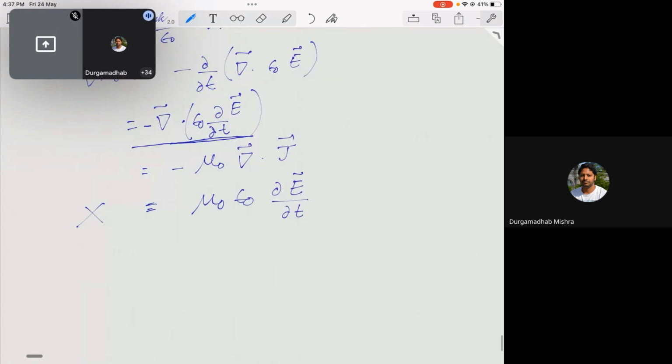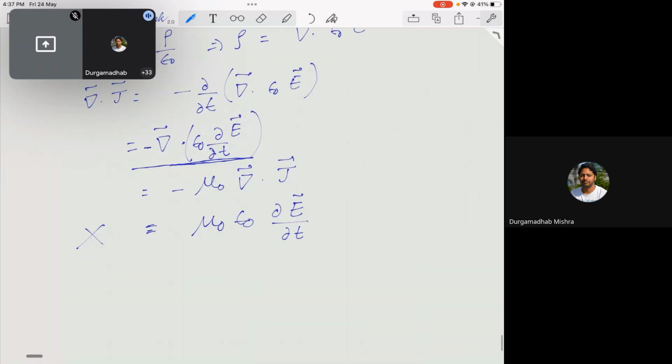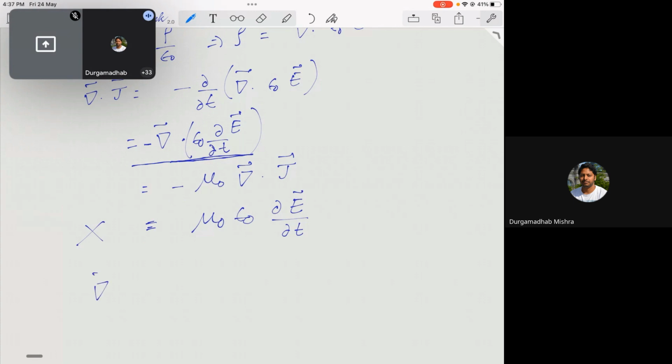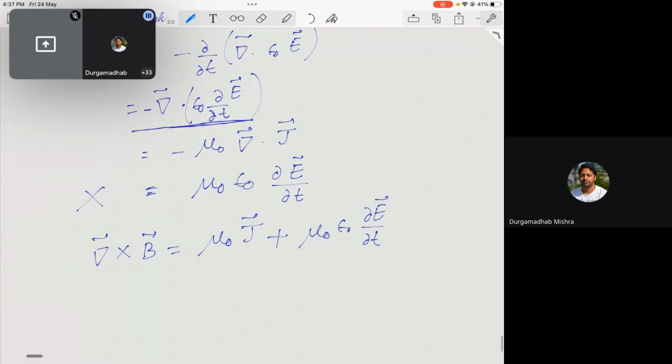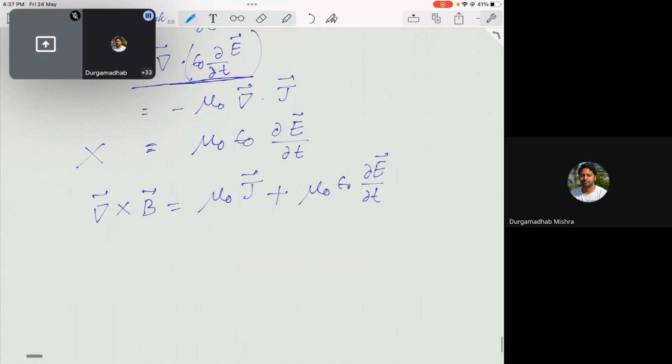This is what Maxwell basically did. So your curl of B is mu naught J plus mu naught epsilon naught del E by del T, and if I take the divergence of the left hand side and right hand side, it will be 0. This is the contribution Maxwell made here.